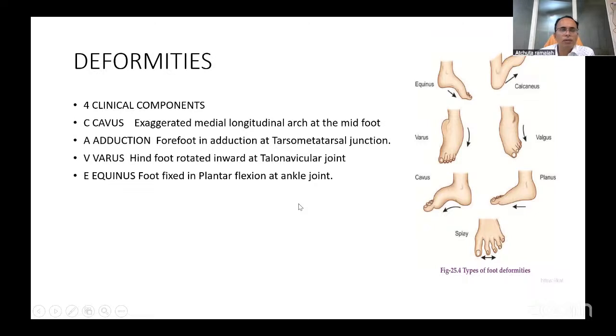So these are the 4 deformities and the points where they occur in the foot and ankle. The point of deformity we should also know, very important: cavus at the midfoot, adduction at the forefoot, varus at the hindfoot, equinus at the ankle.